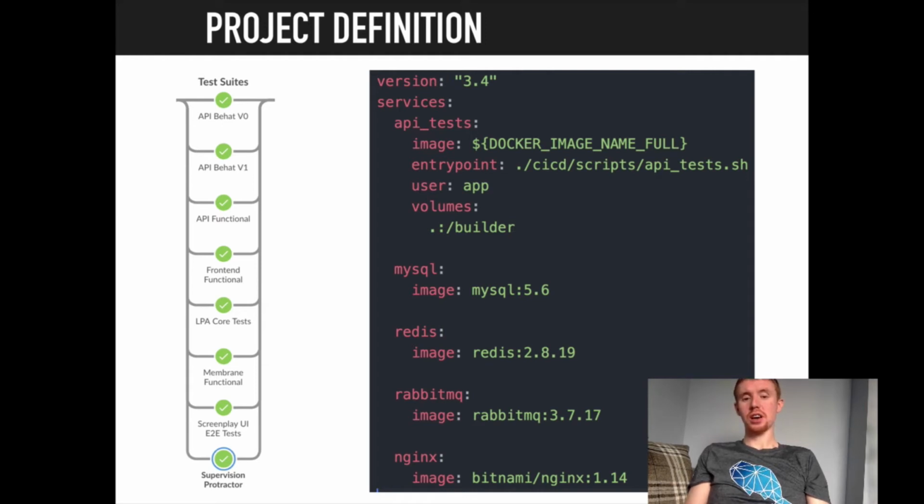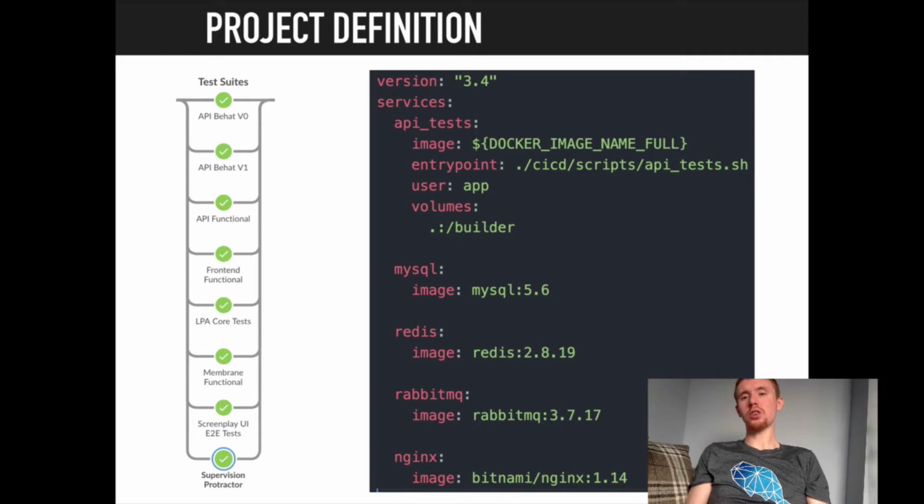As you can see, I have an entry point script. So rather than your application by default running PHP or a web server or whatever it normally does, you can override that and execute your test suite. But the point here is that you want to have your databases and everything available so your test suites can execute normally.